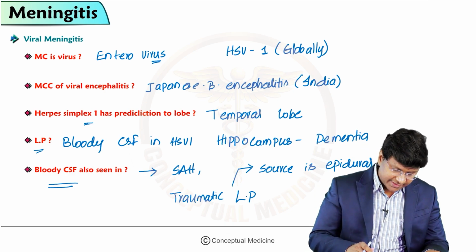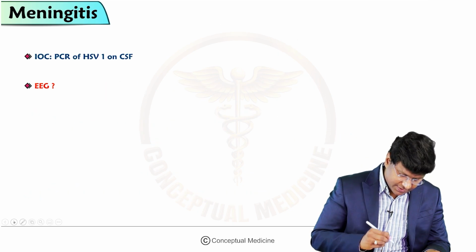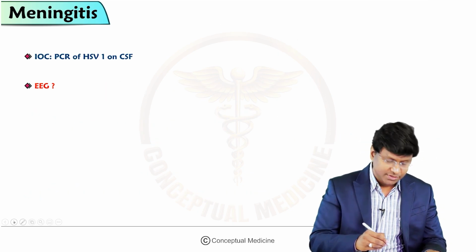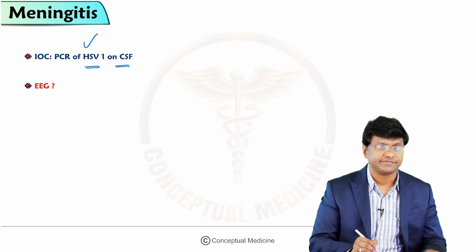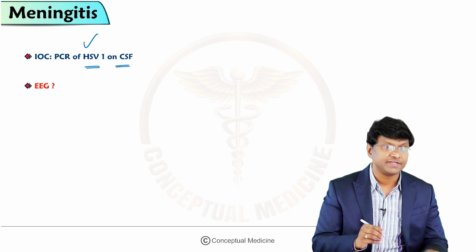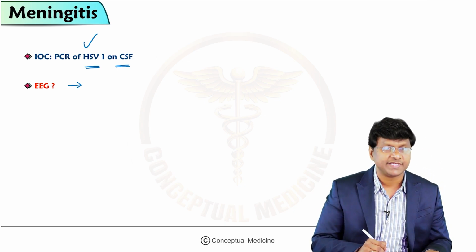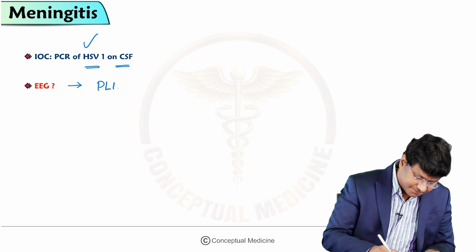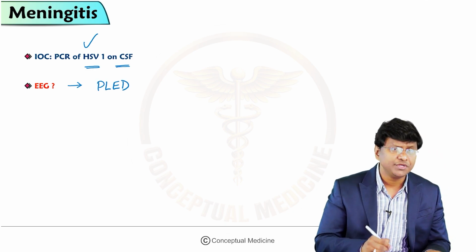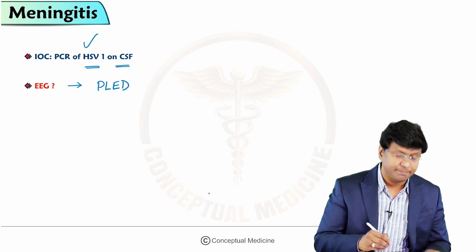Now, what will be the investigation of choice? The investigation of choice is polymerase chain reaction of HSV1 on the CSF, PCR of HSV1 on CSF. And when you do EEG in patients with HSV1, there will be what is called PLED. What do you understand by this word PLED?